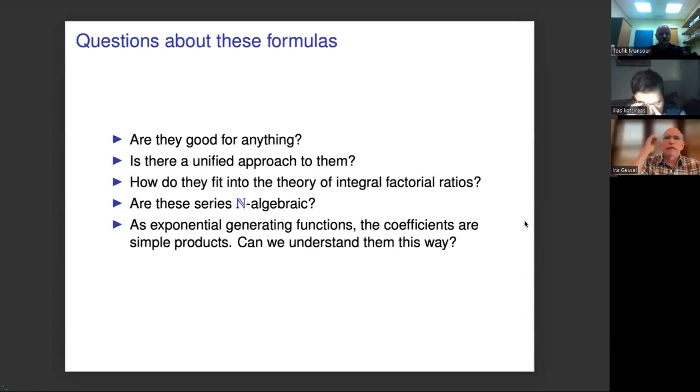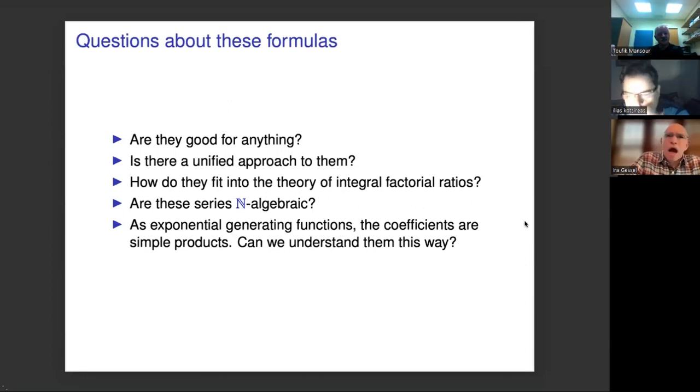But these formulas don't really, as far as I know, sit very nicely with this interesting theory. Another thing you could ask: are these things n-algebraic? I'm not going to define n-algebraic, but it's a kind of analog for algebraic generating functions, an analog of n-rationality.